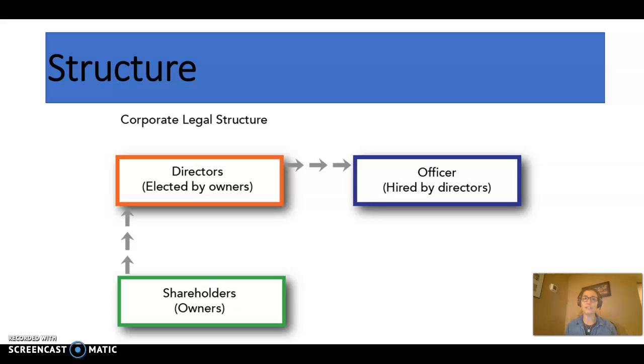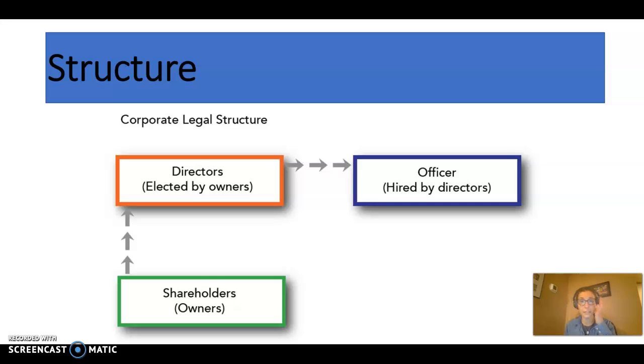As I just mentioned, directors are responsible for big picture decisions involving mergers, decisions involving maybe closing up factories, taking the business in different directions. Whereas the officers handle the day-to-day operations. They're hired. This is their full-time job.